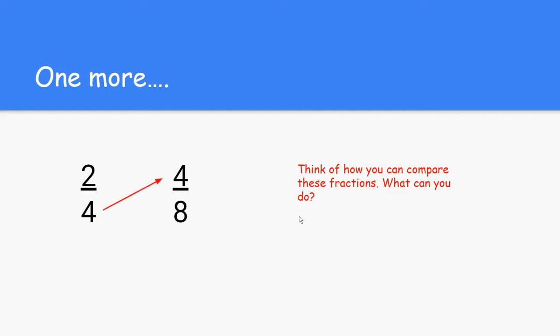So 4 times 4 would give you 16. 8 times 2 will give you 16. Huh. That means that these two fractions are equal. They're equal.